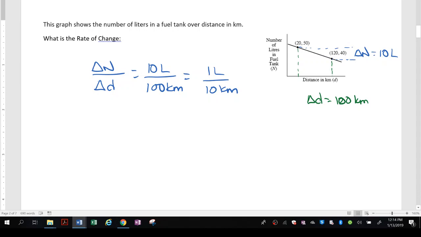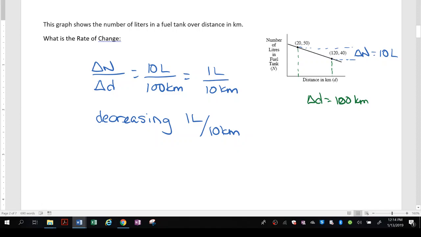It is decreasing. As we read this from right to left, our slope is falling or going down. So our rate of change is decreasing 1 liter per 10 kilometers. So we say it is decreasing by 1 liter for every 10 kilometers.